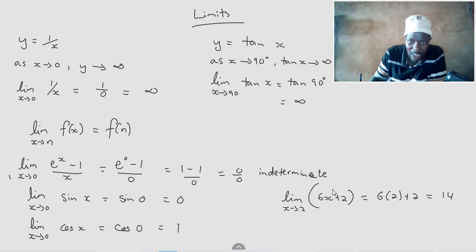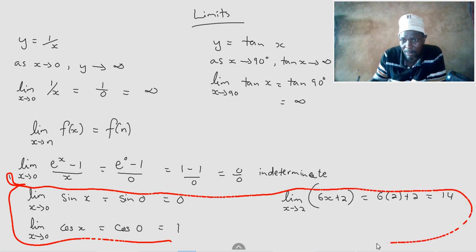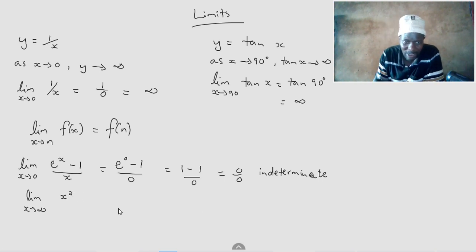Now I'm going to look at another indeterminate situation, because in the next part of the work we are going to introduce L'Hopital to see how we deal with these indeterminate values. Suppose I have the limit as x tends to infinity of x squared plus 2x minus 2 over x squared minus 2x plus 1.